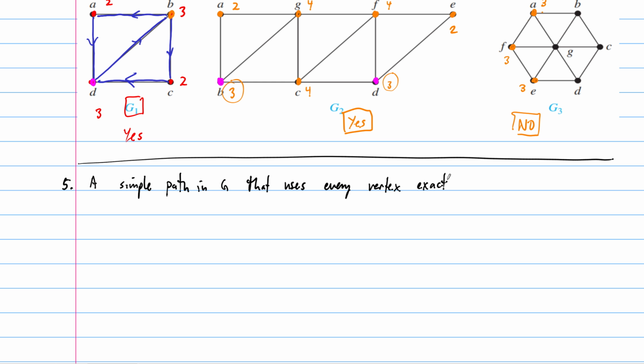Same deal, right? Exactly once is called a Hamilton path. And there are a couple of existence theorems for this as well.